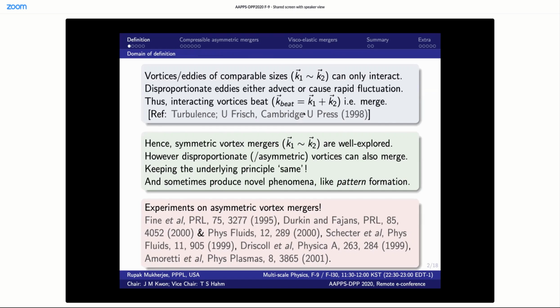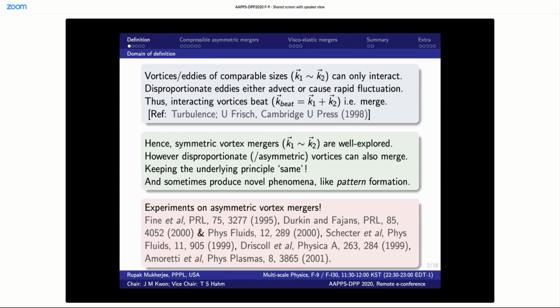So we know from standard turbulence texts that vortices are eddies of comparable sizes. When I say size, I mean the K defines 2 pi over L, the size of the vortex. So eddies of comparable sizes, comparable may not be exact, can interact.